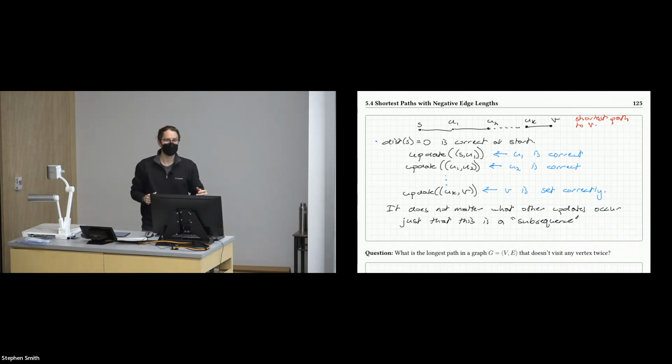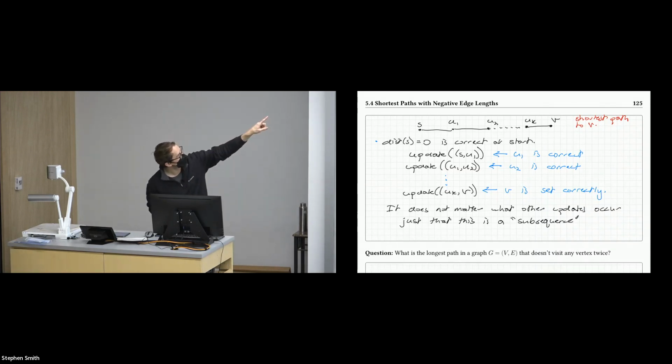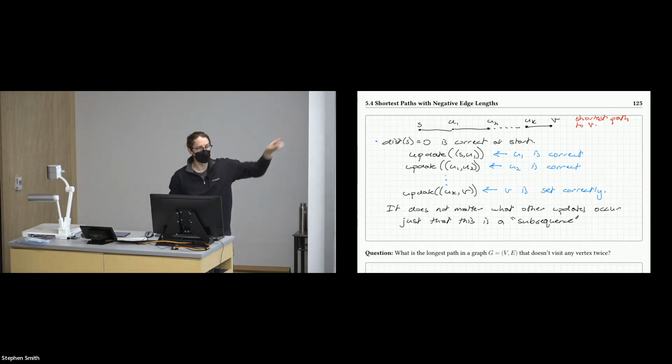So then let's suppose now, what's my idea going to be? What if I just update every edge once? I'm definitely going to hit the update SU1 if I update every edge. Then update every edge again. In that one, I'm for sure going to update U1, U2. Then update every edge again. Now I'll get the update U2, U3.